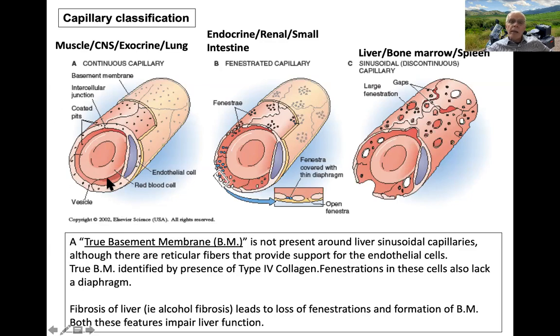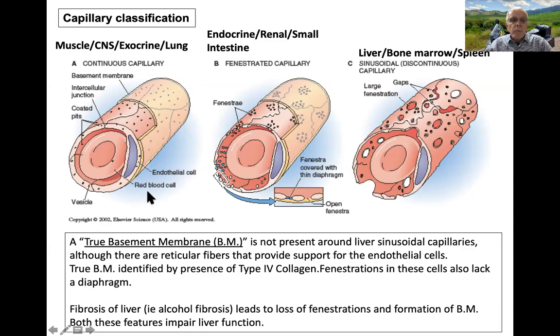So it can be a real challenge for the pharmaceutical industry. They can find drugs, chemicals that'll alter nerve function, but now they've got to find some way of getting them out of the capillaries so that they can gain access to the neurons of the central nervous system. You also find these in muscle, skeletal muscle, exocrine organs like sweat glands, and you also find them in the lungs.